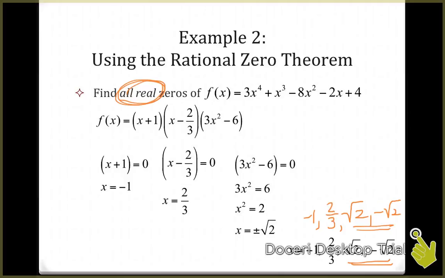But what if this had been a problem back in the first example where we could only get rational zeros? Then I would have to exclude these two. If this is just a rational zero problem, I can only use these two. But as a real zero problem, I can use all 4. Because the square root numbers are real numbers.